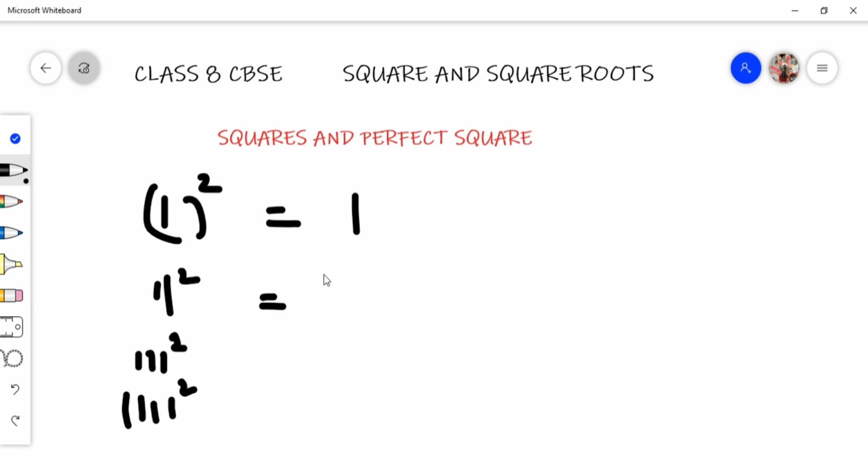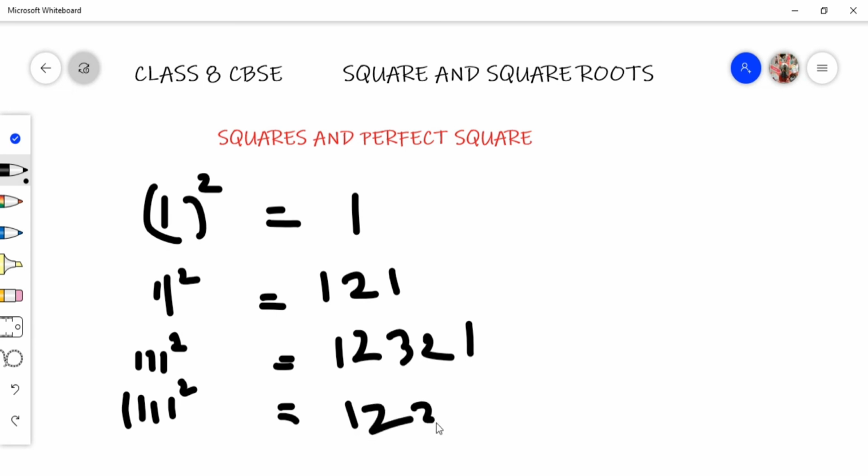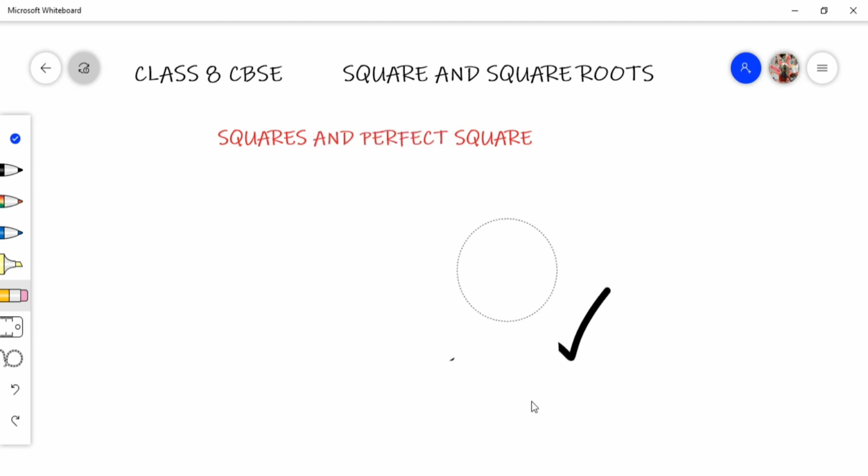Square of 11 is equal to 121. Square of 101 is equal to 10201. And the square of 1111 is equal to 1234321. So it's a very easy and interesting one. So that's it. So this is the last one, and I hope you liked today's video.